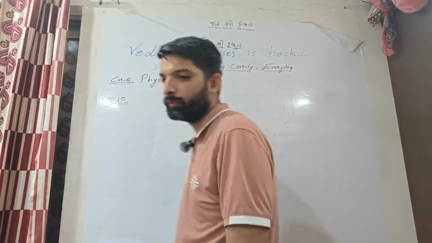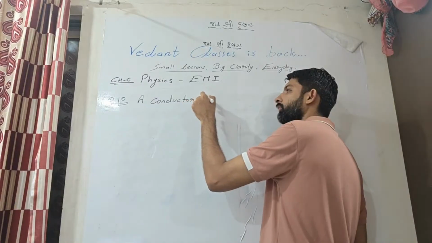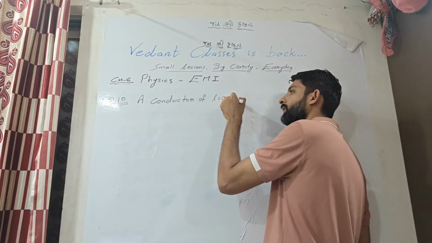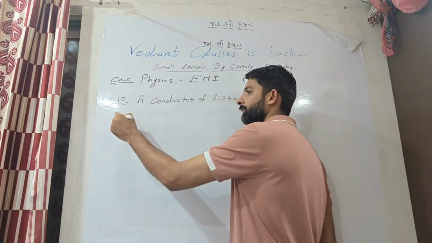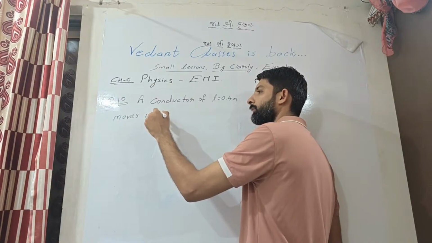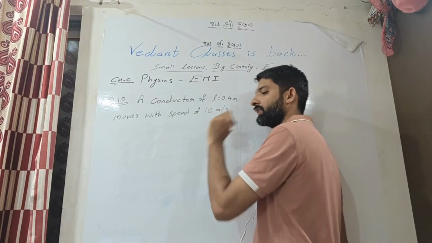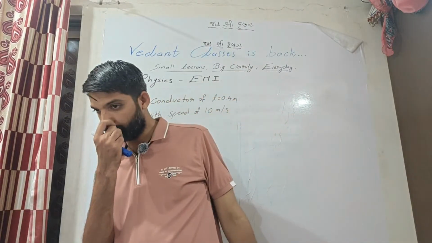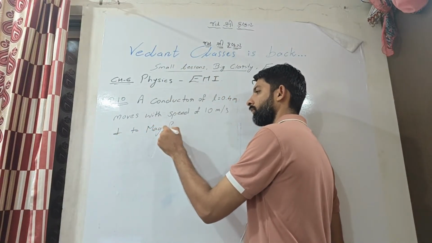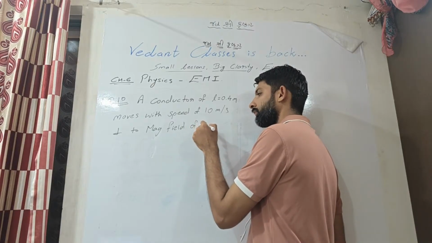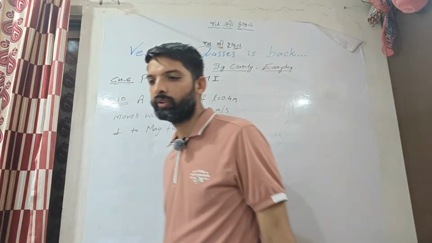A conductor of length 0.4 meter moves with a speed of 10 meter per second perpendicular to a magnetic field of 0.5 Tesla.